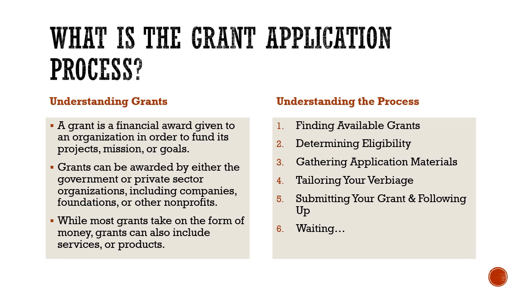It's important that we really appeal to the audience that will be reading this. And then finally, submitting your grant and following up, making sure that you are communicating with the organization to which you submitted your application, and then of course the waiting game and how you can remain optimistic throughout that process.